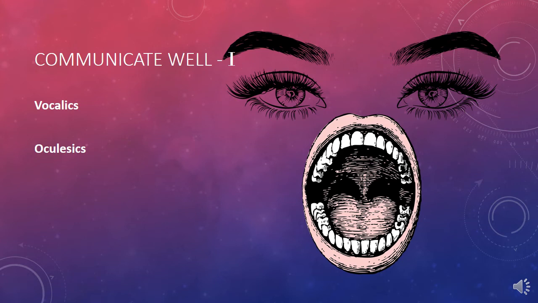Just to talk about vocalics for a moment, the definition also includes something that in teaching communication we separate out when we teach it, and that is the issue of paralanguage.